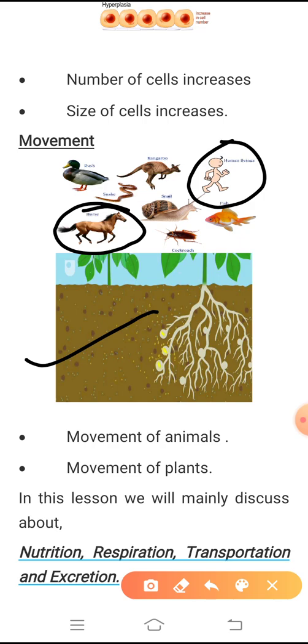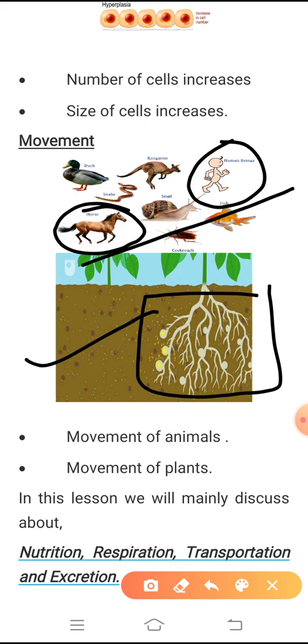Living things like animals, birds, reptiles, human beings, insects, all these can move from one place to another. Whereas the plants or the trees cannot move from one place to another. It is because their roots are fixed to one position. But with respect to their branches and leaves, they move in the direction of the wind. Okay, fine. So we discussed the movement of plants and animals.